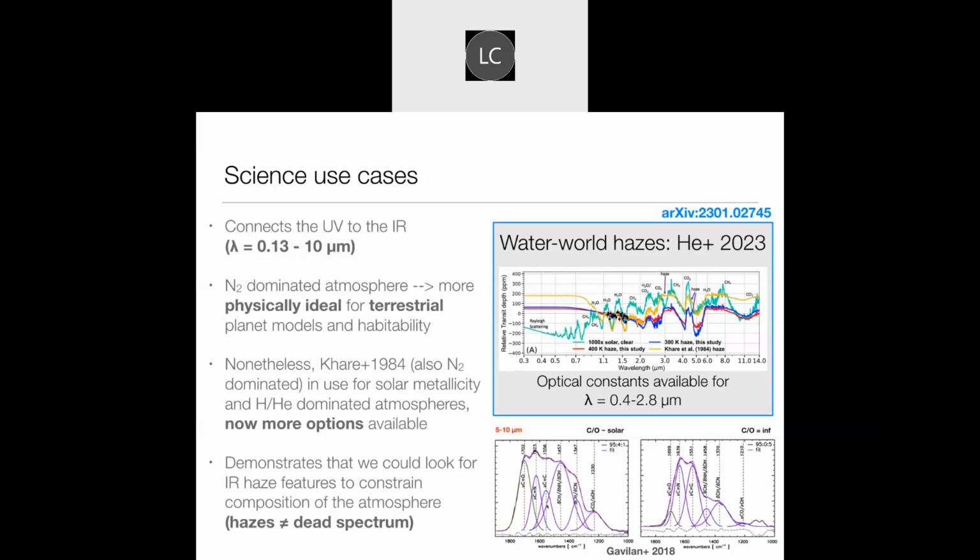So I think that's one way we can start to think about interpreting these features, but there's definitely more work to be done because for the Gavilan tholins in the 2018 work, the solar ratio was actually quite interesting compared to the other ones, and there wasn't really a continuum.